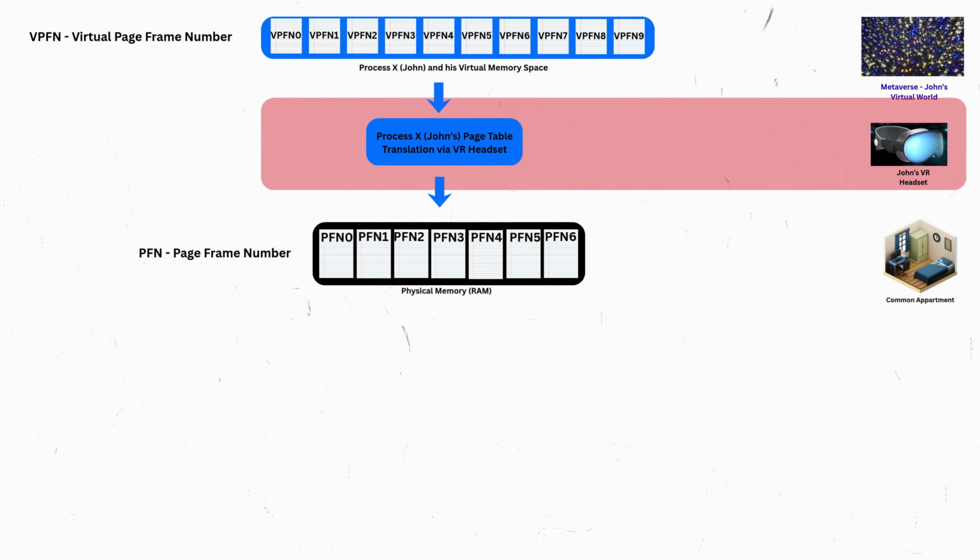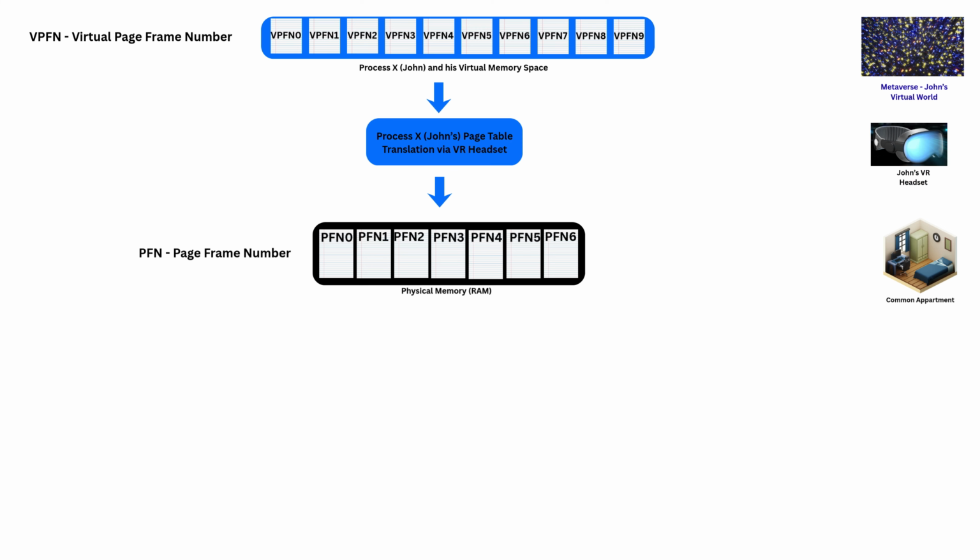If you remember, in our story, John uses his VR headset to travel from real world to virtual world, which in our computer world is the page table. The page table acts like a translator. Every time John tries to access something in his virtual world, say VPFN0, the page table figures out where that really exists inside the small apartment. I mean, the physical RAM.